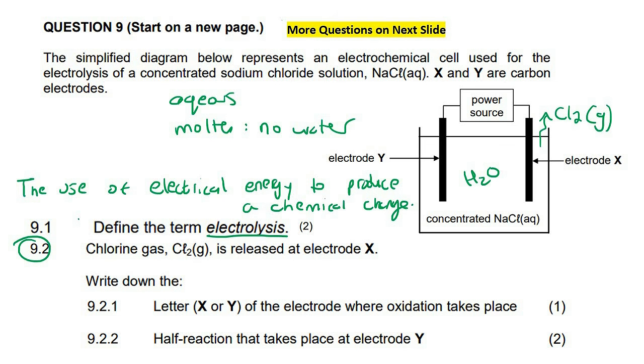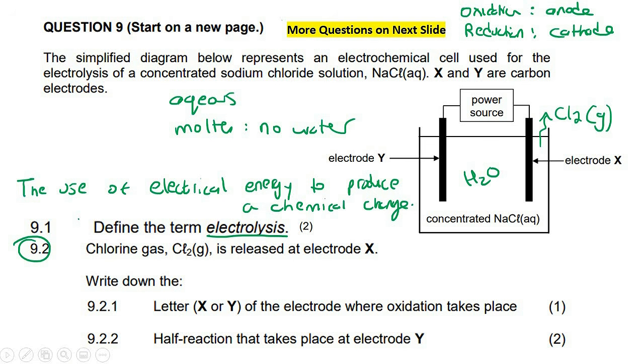Write down the letter X or Y where oxidation takes place. We know that oxidation always takes place at an anode, whether we are looking at a galvanic cell, which is not this one, or this one, which is electrolytic. So galvanic or electrolytic, oxidation means anode, and reduction is where you have your cathode.